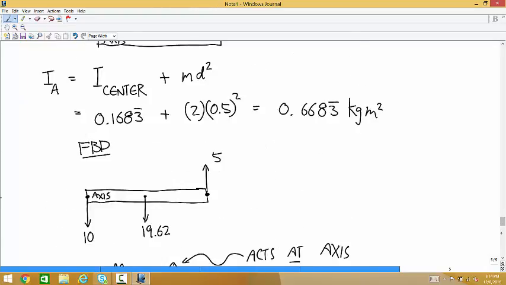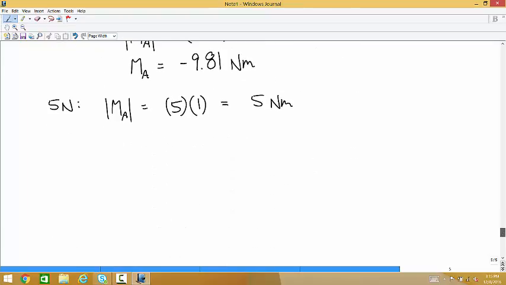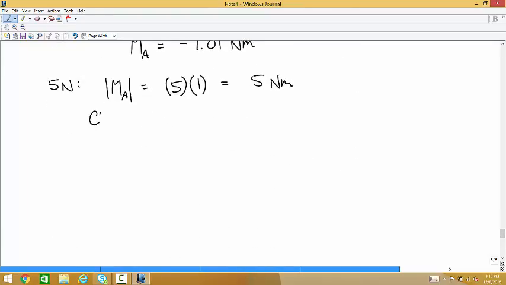And if that 5 was the only force acting, and this is the axis, would this make it rotate clockwise or counterclockwise? Counterclockwise. You apply a force this way, like imagine tapping that with a hammer, it'll rotate like this. Counterclockwise. So MA is equal to positive 5 Newton meters.